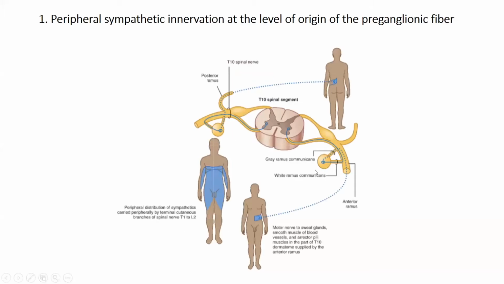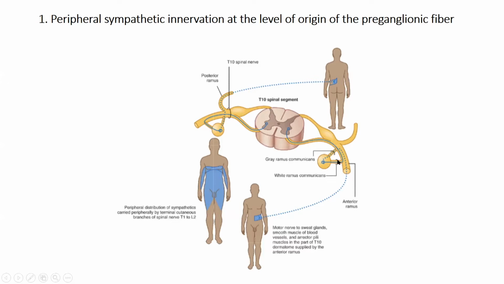each trunk of the sympathetic is attached to the spinal nerve, respectively the anterior branch of the spinal nerve, via this branch, which is called the white ramus communicans or the ramus communicans albus.